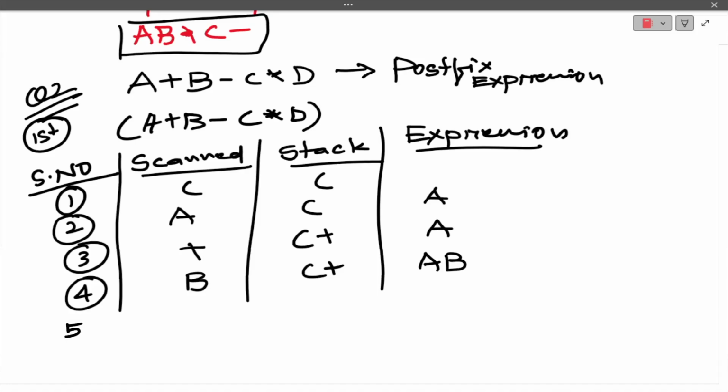Now for the 5th, I have minus, subtraction. Can you see these two operators? They are both of the same precedence order, right? But plus is considered the earlier one, while minus is the new one, so it is considered the later one. Now let us follow that particular table to observe which one to pop and which one to push.